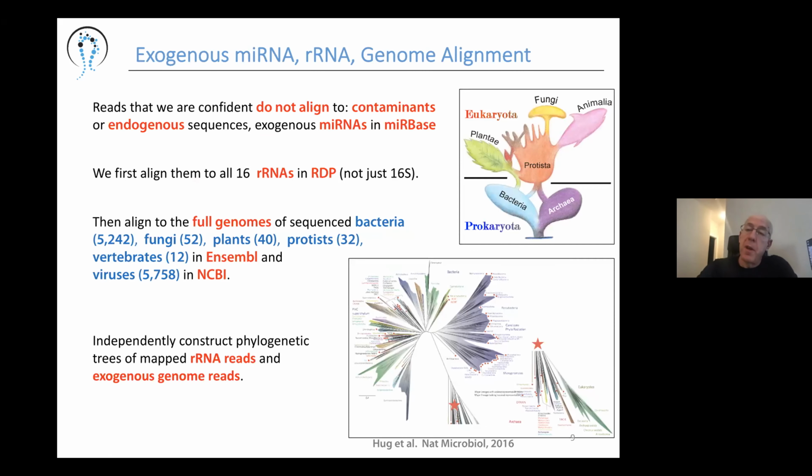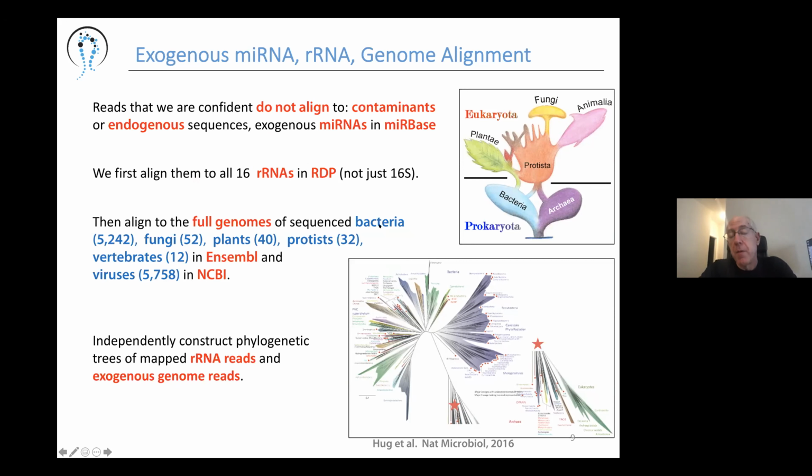As part of the exceRpt pipeline, when one runs it, it also analyzes the reads, as I mentioned, in terms of the reads that map to exogenous genomes. So we map against databases of known exogenous RNAs, such as microRNAs in miRBase and ribosomal sequences in RDP. And then we map against not all, but a reasonably large complement of full genome sequences.